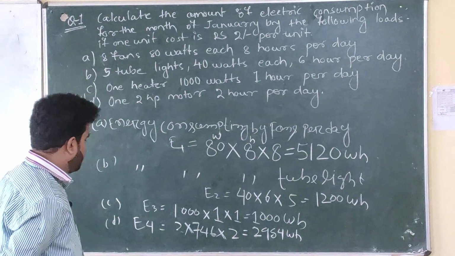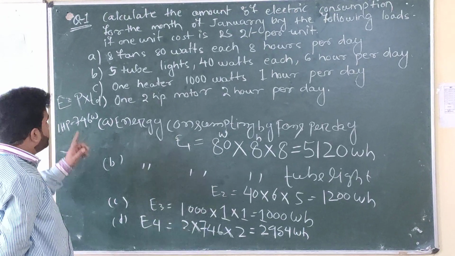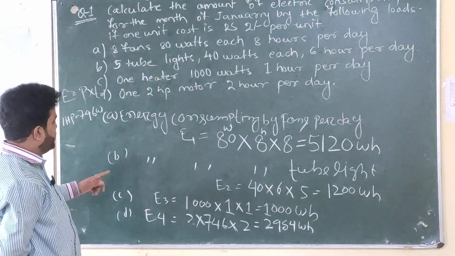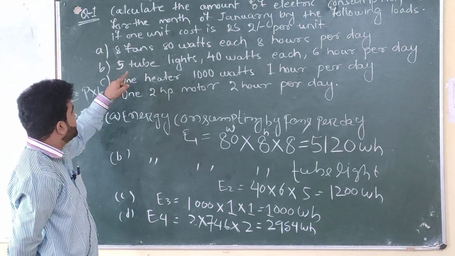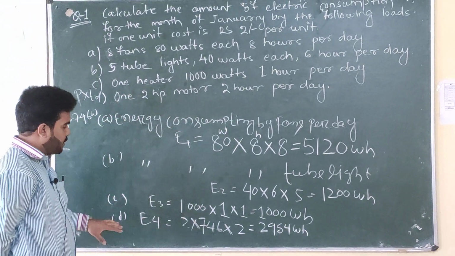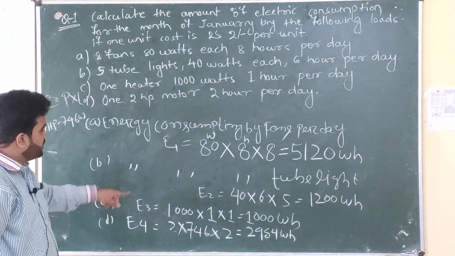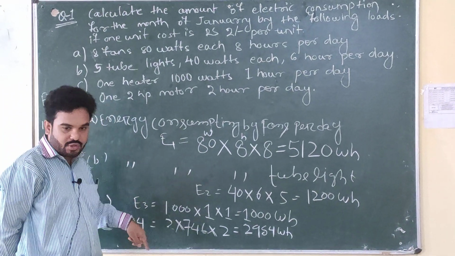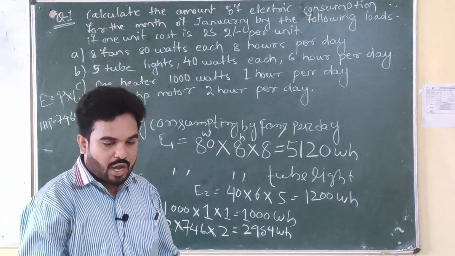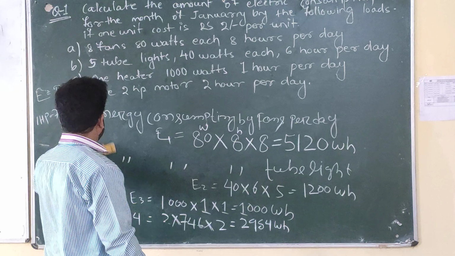So A, B, C, D: in one day we are using 8 fans, 5 tube lights, 1 heater, and one 2 HP motor. So how much are we consuming? You simply add E1, E2, E3, E4. So how much are we using in a day?